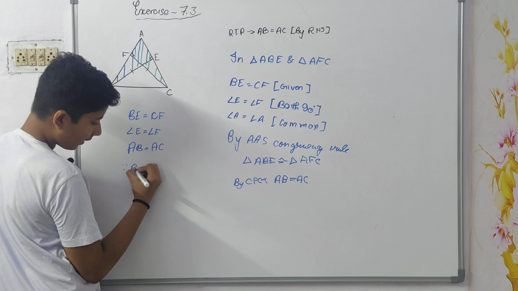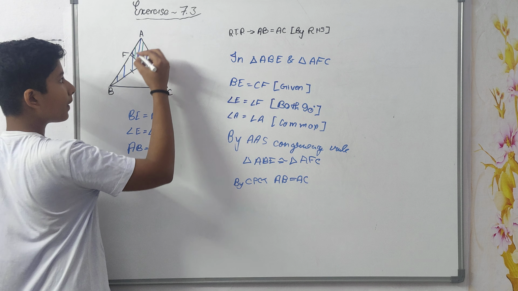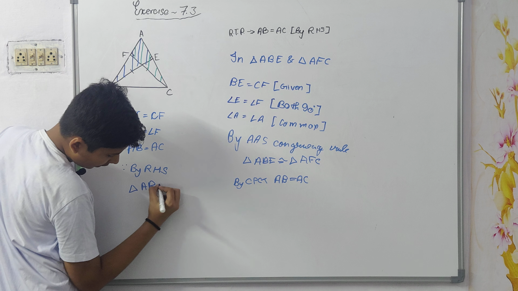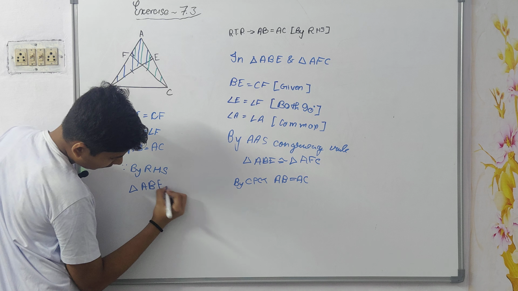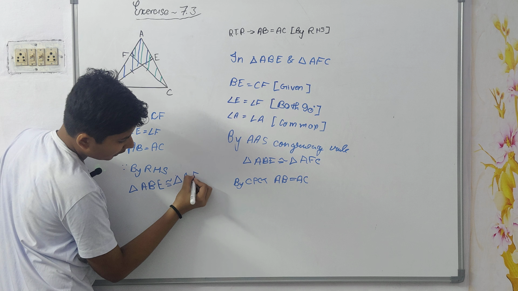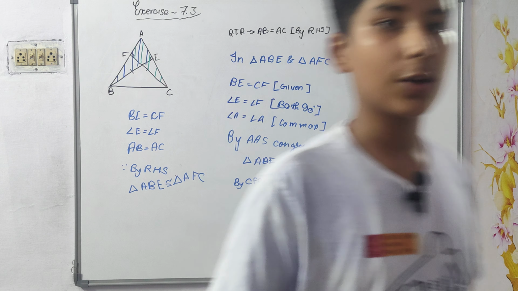Therefore, by RHS, triangle ABE congruent to triangle AFC. Now we will come to our last question of this video.